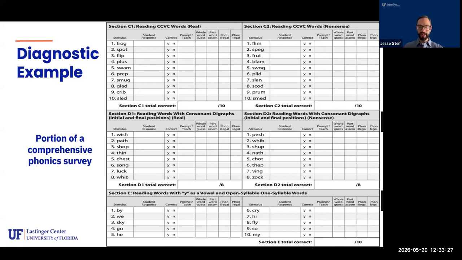We were measuring their ability to recognize consonant digraphs in initial and final positions, reading words with Y as a final vowel and open syllable words. So a phonics diagnostic gets very specific about the types of phonics patterns that students need. Similarly, spelling inventories get very specific about the types of spelling instruction that students need, and so on.